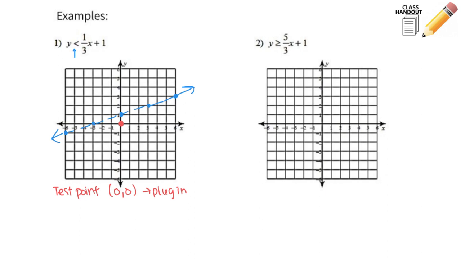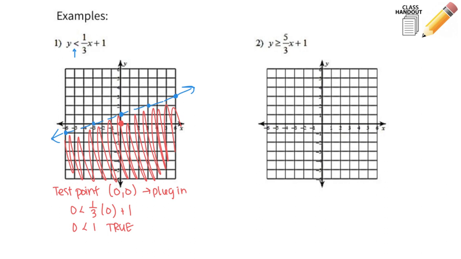So it's 0 is less than 1/3 times 0 plus 1. We know that 1/3 times 0 is just 0, so this is just 0 plus 1. So 0 is less than 1. We have to decide if that's true or false. Well, 0 is less than 1, so it's true. And since it's true, we're going to shade that side of the line.